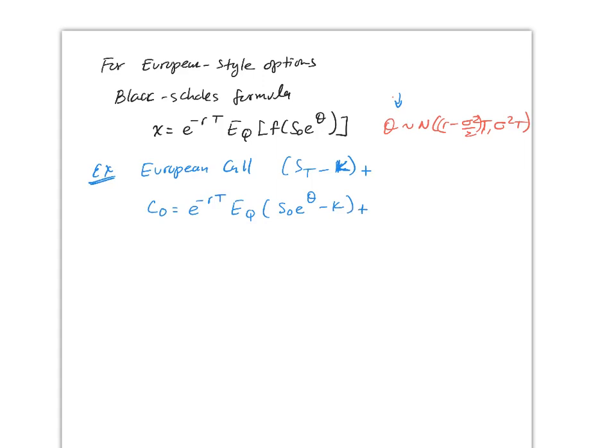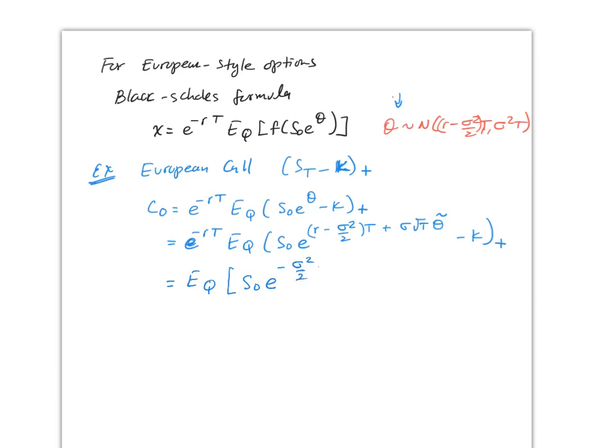So by definition, this is equal to e to the minus r t, expected value with respect to q of (S0 e to the (r minus sigma squared over 2) t plus sigma square root of t theta tilde, minus K) plus, which is equal to the expected value with respect to q of S0 e to the minus sigma squared over 2 t.